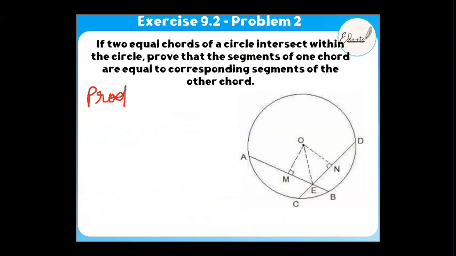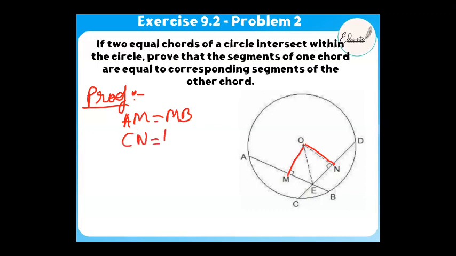How will we start? We just constructed something, right? What did we construct? This and this. So can we not take AM is equal to MB and CN is equal to ND? Is it right? AM is equal to MB, correct?